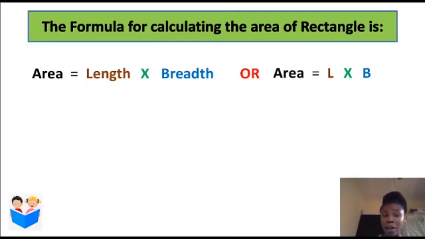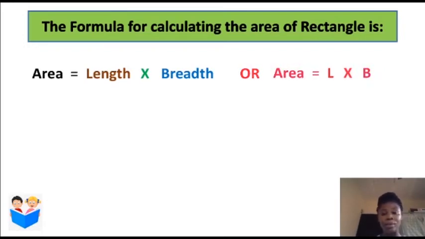Again, what is the formula? Area equal to length times breadth, or area equal to L times B.